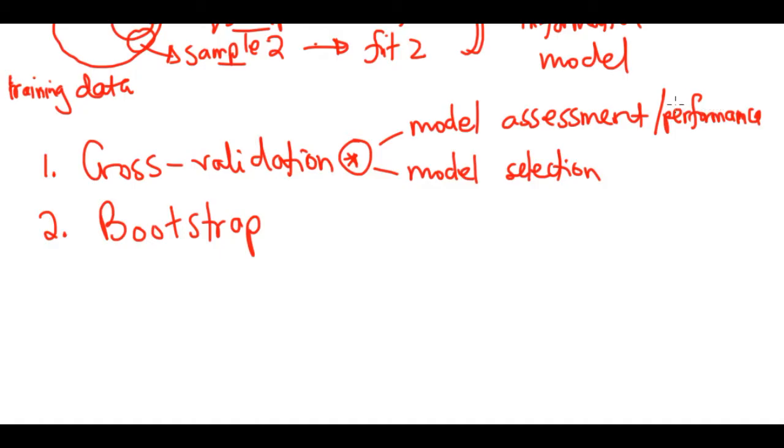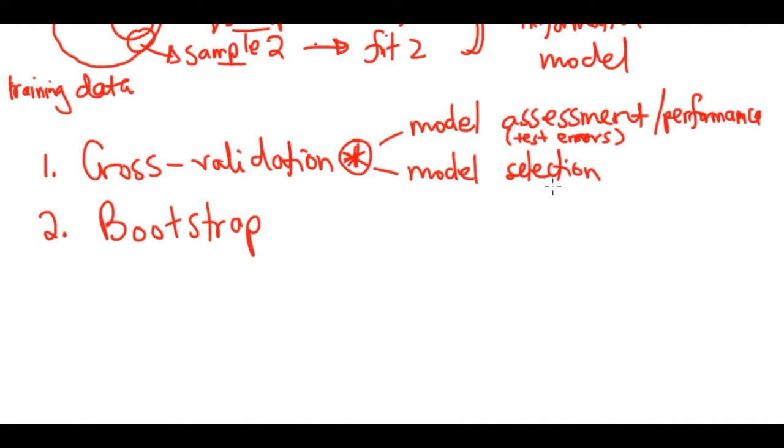It's looking at things like test errors; that is how we test our performance. If the test error is low, it means the model performs well and we can send it to production, because we've assessed it and we are happy.